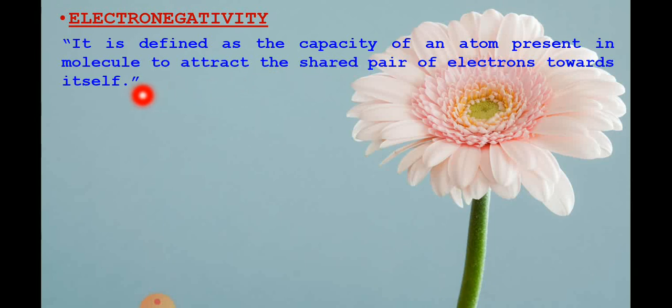This capacity of an atom in a molecule to attract the shared pair of electrons towards itself. That property, that capacity, that power of an atom in a molecule to attract the shared pair of electrons towards itself is called electronegativity. Is that clear? Okay.